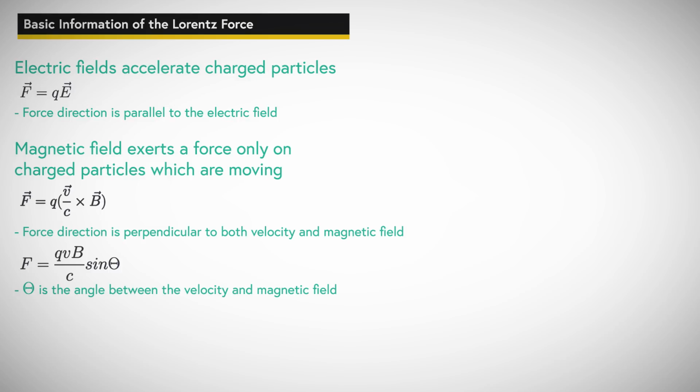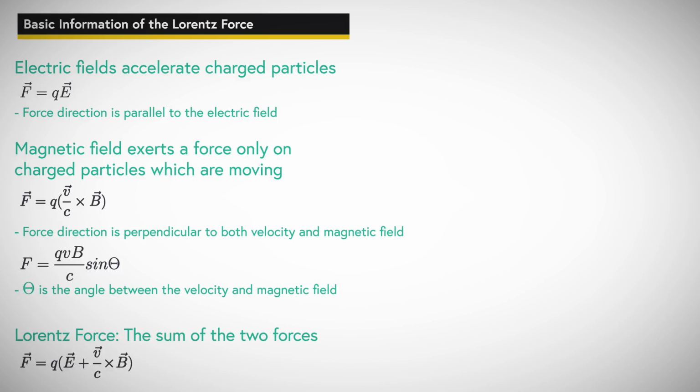Now, usually at school, the effects of the electric field and the magnetic field are studied separately. However, the sum of these two effects is what we call the Lorentz force. If we consider only the magnetic field, the motion of the charged particles can be derived with the following reasoning. In a magnetic field, the force always acts perpendicular to the direction of motion of the particle.